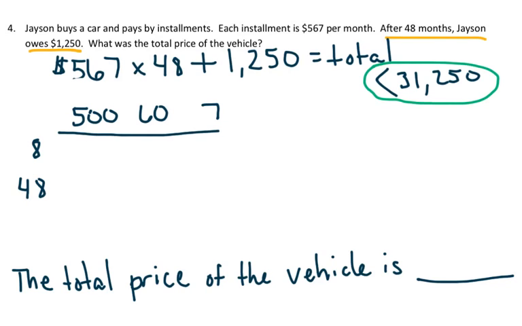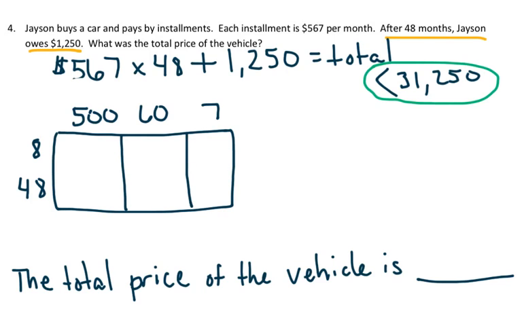Let me draw my boxes and my rectangle here. And we're going to solve it very similarly to the 2 by 2 rectangle. So I have 4,000 here. Multiplying 60 times 8 is 480, and 8 times 7 is 56.